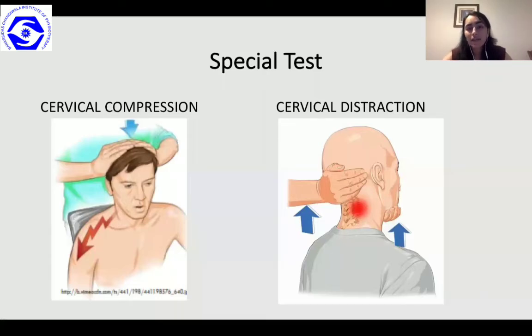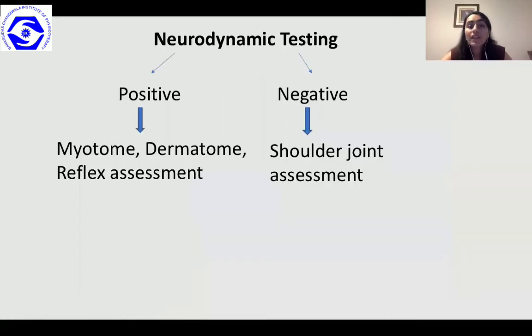And if we determine that yes, the cervical compression test is positive, then the neurodynamic test, which is the cervical compression and distraction test, if they are positive, then we will move on to the myotome assessment. And in myotome assessment, whichever muscle has weakness, we will note down that nerve root level.